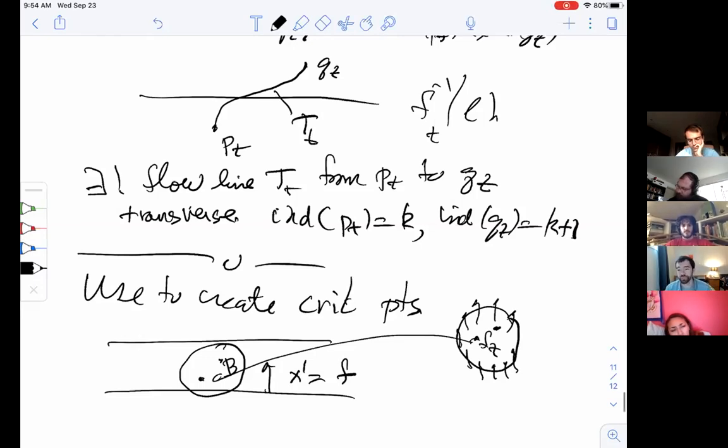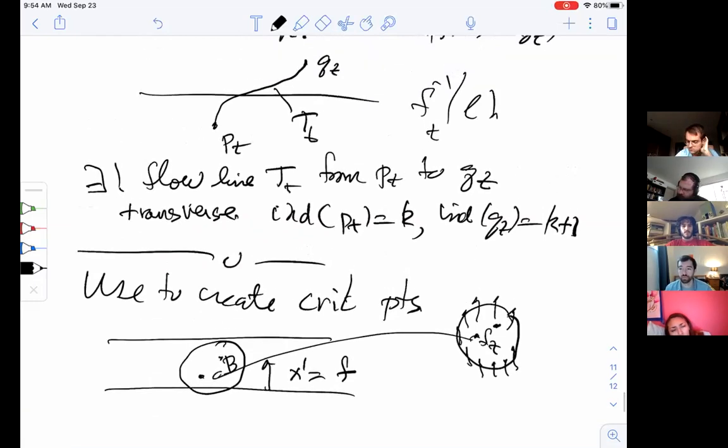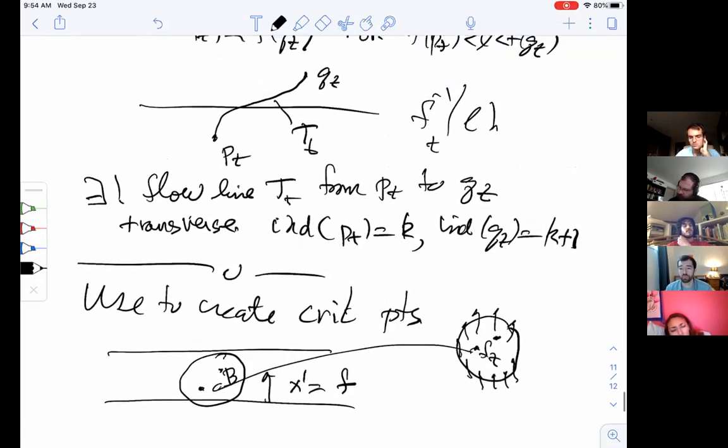It's the birth theorem. Of course, the cancellation is really the opposite. The cancellation is the birth theorem run in reverse. I didn't quite formulate it this way, but what you're doing when you cancel these 2 critical points is you're running this movie backwards.